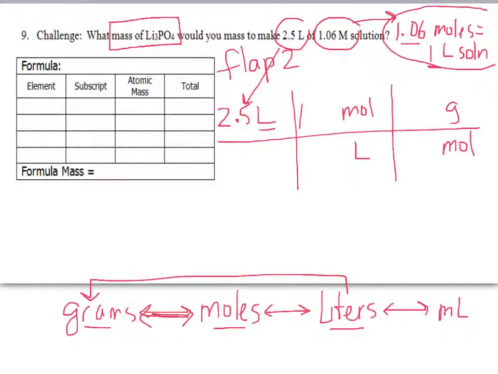liter. And then for my conversion factor between grams and moles, I have to do a formula chart. So that's why I've got this over here. I've got Li, P, O. Li, there's 3 of them, 6.9. P, there's 1, and it's 31. O, there are 4, 16.